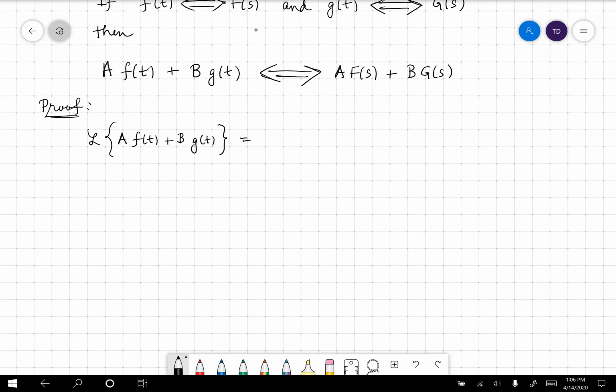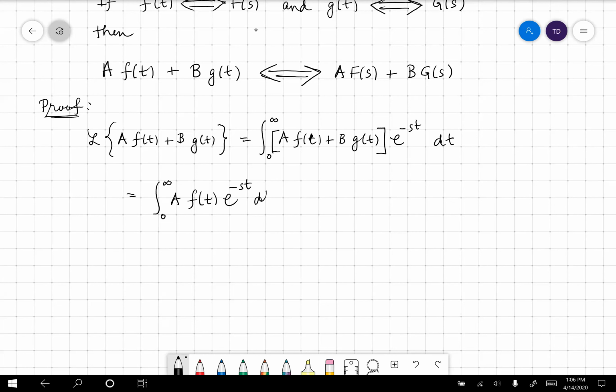By definition of the Laplace transform, that's the integral from 0 to infinity of a f of t plus b g of t times e to the minus st dt, which equals the integral from 0 to infinity of a f of t e to the minus st dt plus the integral from 0 to infinity of b g of t e to the minus st dt.